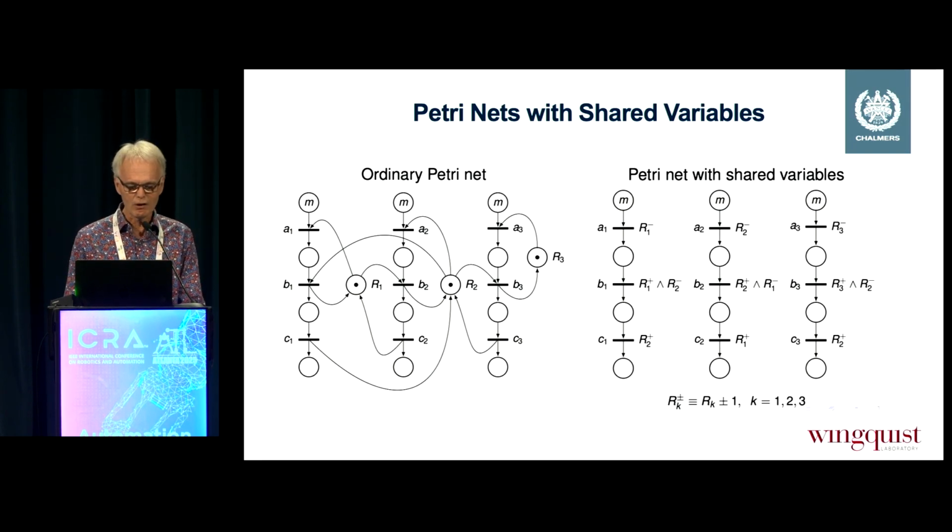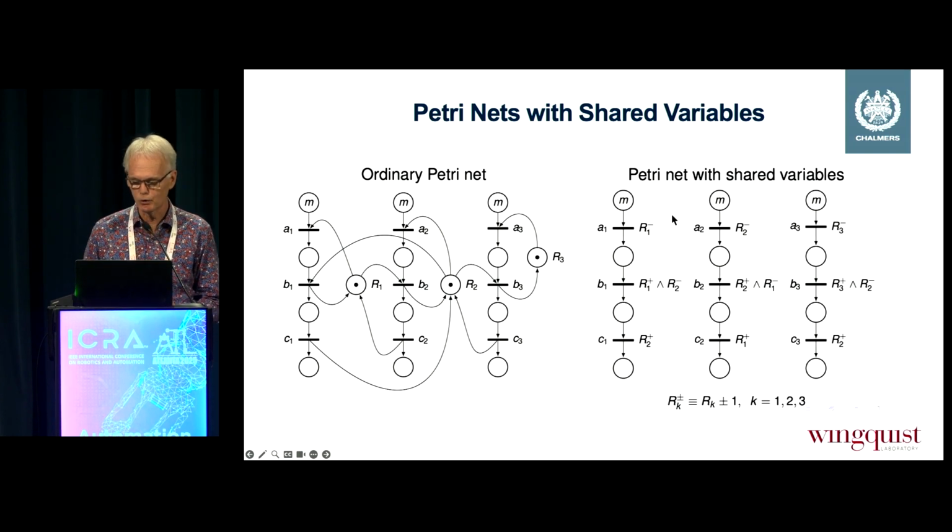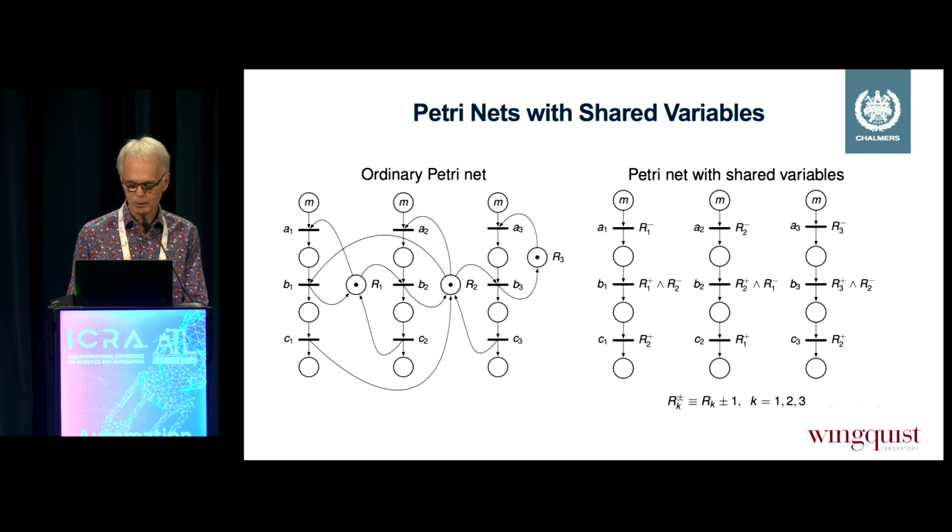So all these arcs, some people say that here you have the spaghetti of the Petri net. Here you have something which I consider more readable. It's a Petri net with shared variables, where the variables described here, R1, R2, are the logics around these resources.